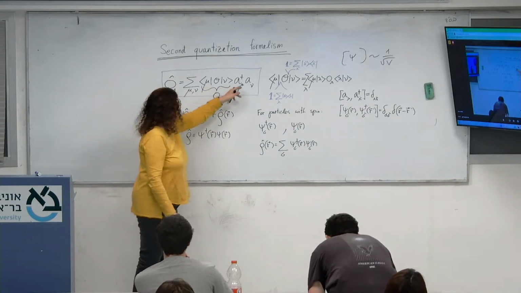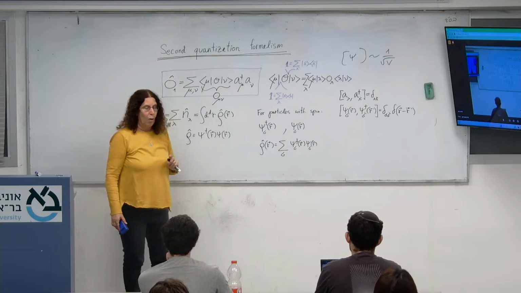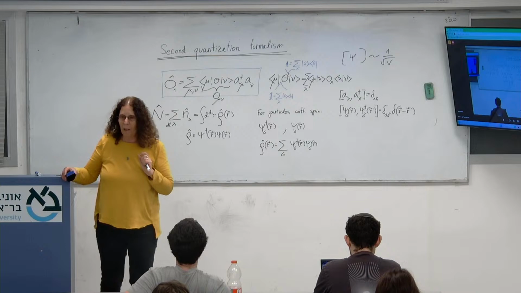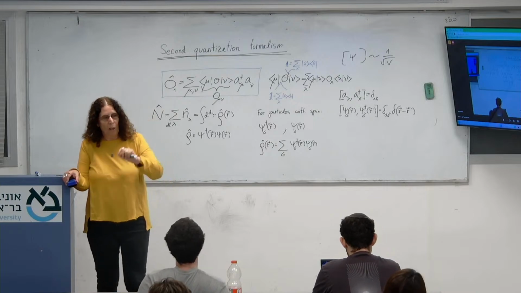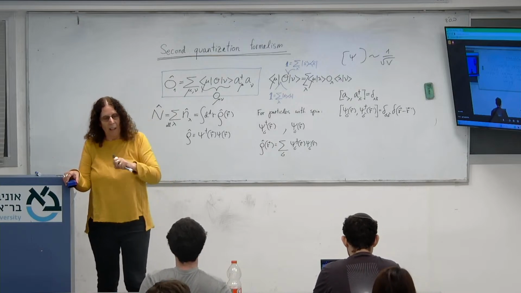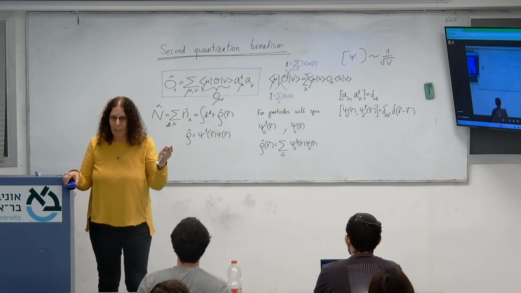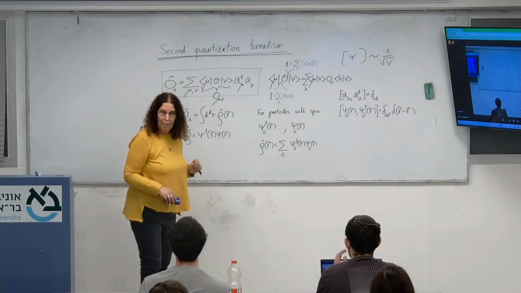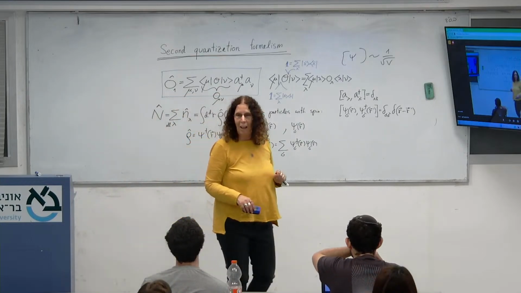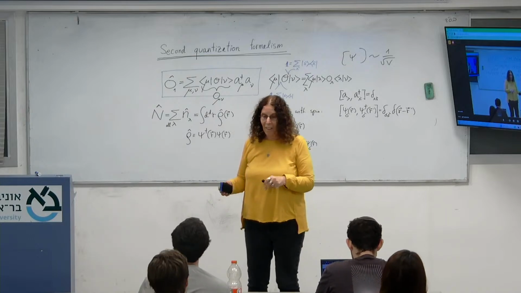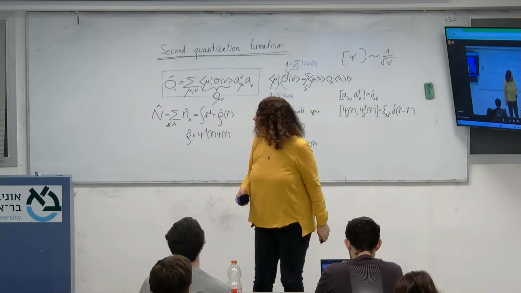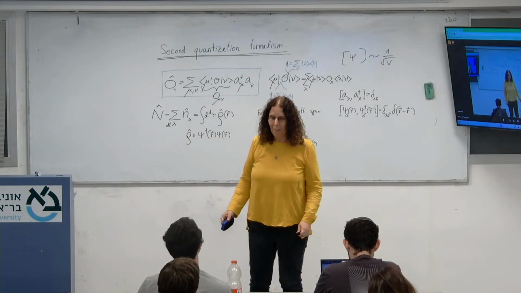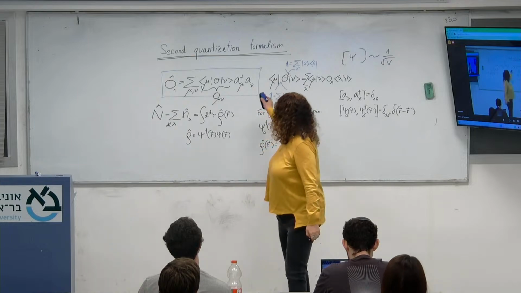Each term in the sum, although it has two indices in general, acts only on one particle. It may change its state, but it annihilates and creates it, or scatters it from one state to another. A two-body operator is going to be something that acts on two particles and does something to them. So before I start writing, what do you guess will be its form? How will it look? What will be the formula?